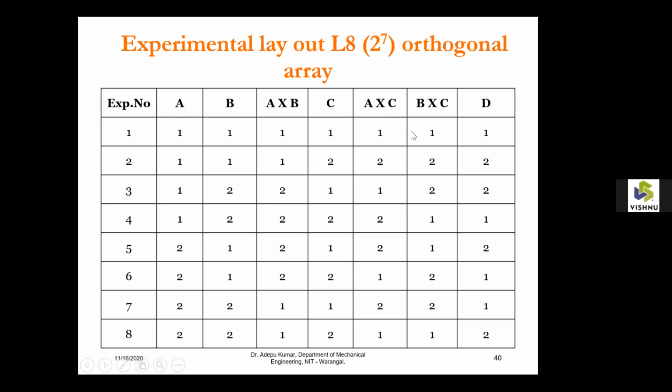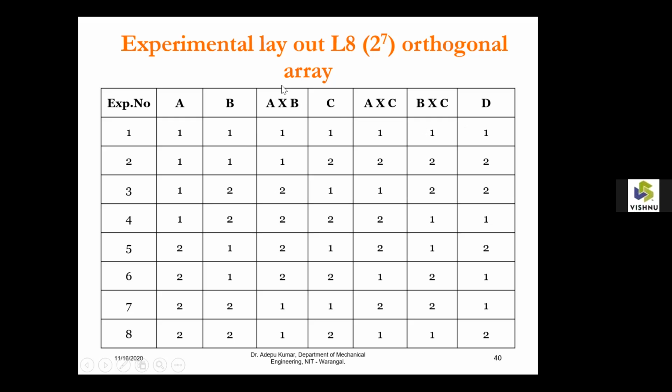So once you know, let us say, the 6th experiment, I want to perform the 6th experiment. For that, A is at 2 level, B is at 1 level, C is at 2 level, and D is at 1 level. If I know the conditions of the particular number, then I can perform the experiment. If I know all the experimental response values, then I can do the analysis.